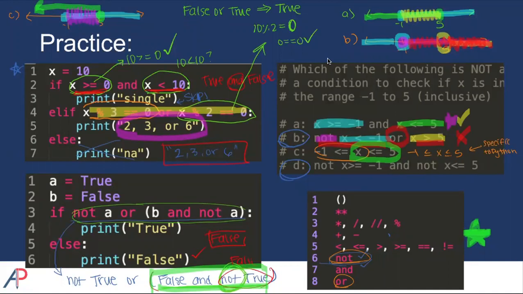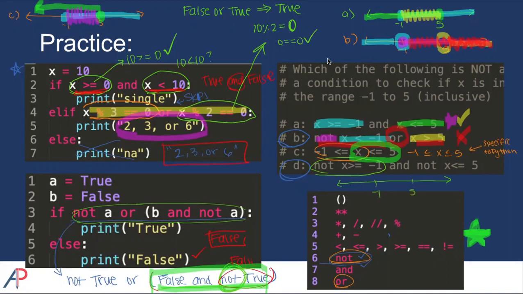And finally, choice D, which I'm going to write down here, we have not x is greater than or equal to -1. So first off, let's figure out what x is greater than or equal to -1 is first. Here's -1 and here's 5.